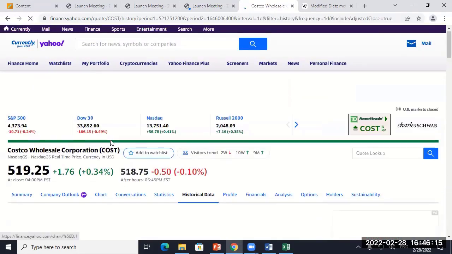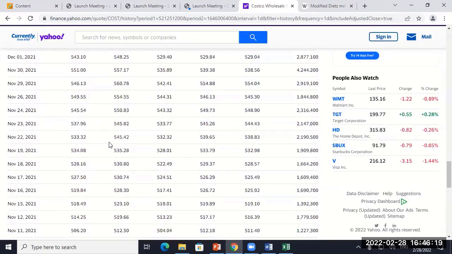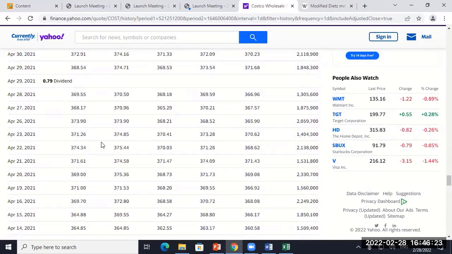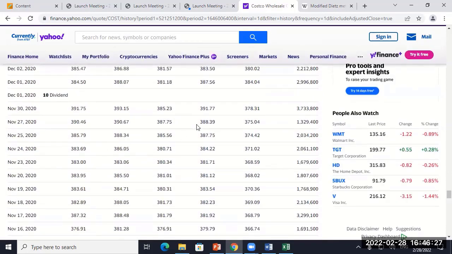Let's see if we can see it. Oh, that's 2020, right? Can you see it in the stock price? $10 dividend, the stock price fell, not quite $10, but it definitely fell, right?